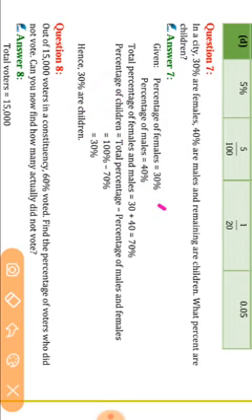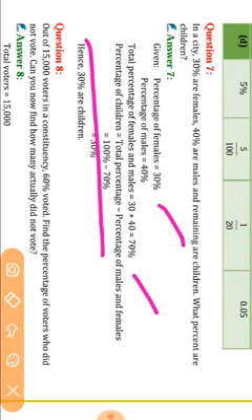Percentage of females is 30%, percentage of males is 40%, total percentage of females and males is 30 plus 40, which is 70%. So percentage of children is total percentage minus percentage of males and females, so that is 30%.